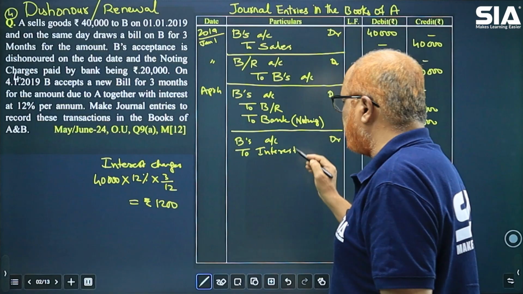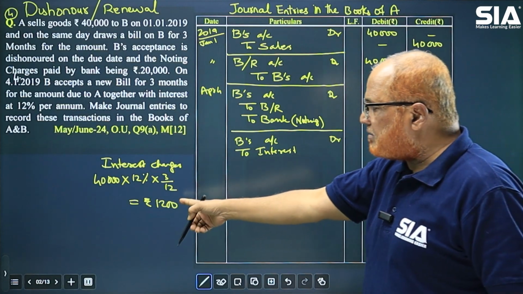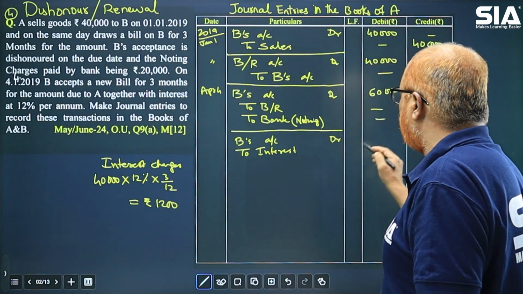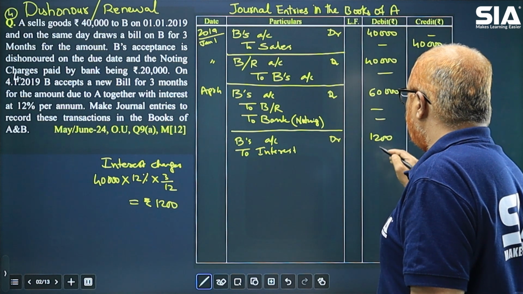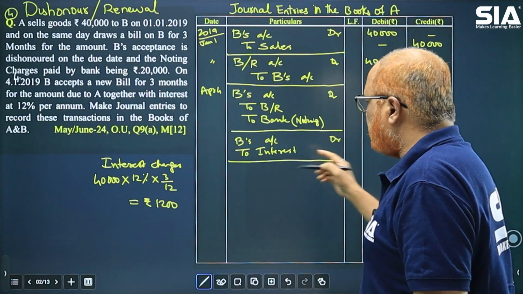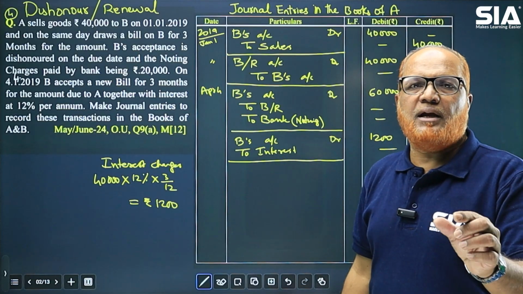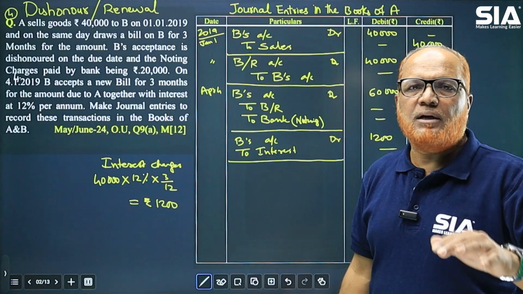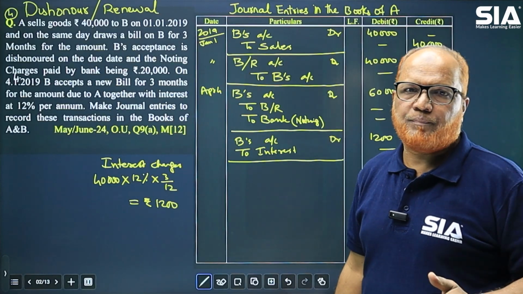Only if you write interest, that will be okay. So how much is the interest amount we have calculated here? 1200. This is the 1200. See here, B narration. What narration you will write? Being the interest due or interest charged on B, right?